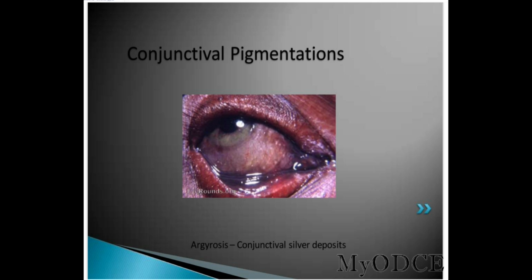This is called argyrosis. In some parts of the world, silver is still used as a preservative in some ophthalmic formulations. And I know we've never seen it in our professional time in this country, but it does still happen in some parts of the world. And depending on where the patient is from, you might see somebody coming in with silver deposits in the conjunctiva, a bit of toxicity from which can lead to the formation of a follicular conjunctivitis.